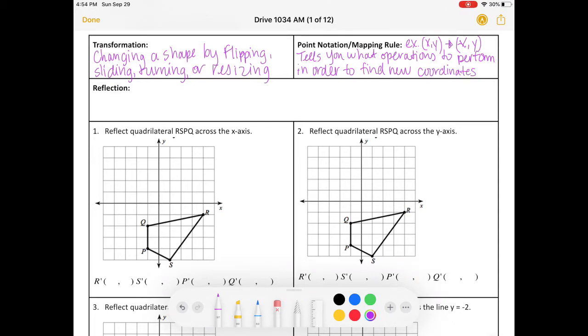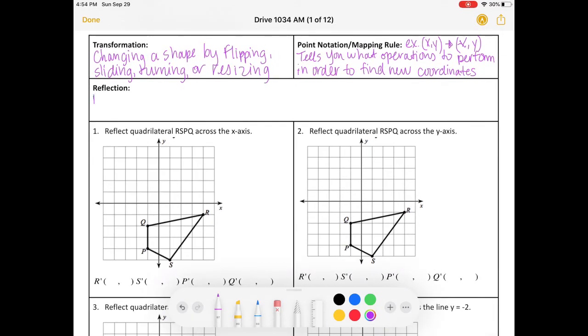Okay. All right, so the first transformation we're going to look at is a reflection. So if you reflect something, think back to our reflection property, okay? x equals 2 is the same as 2 equals x, so that you're flipping it. So again, dealing with that flip.